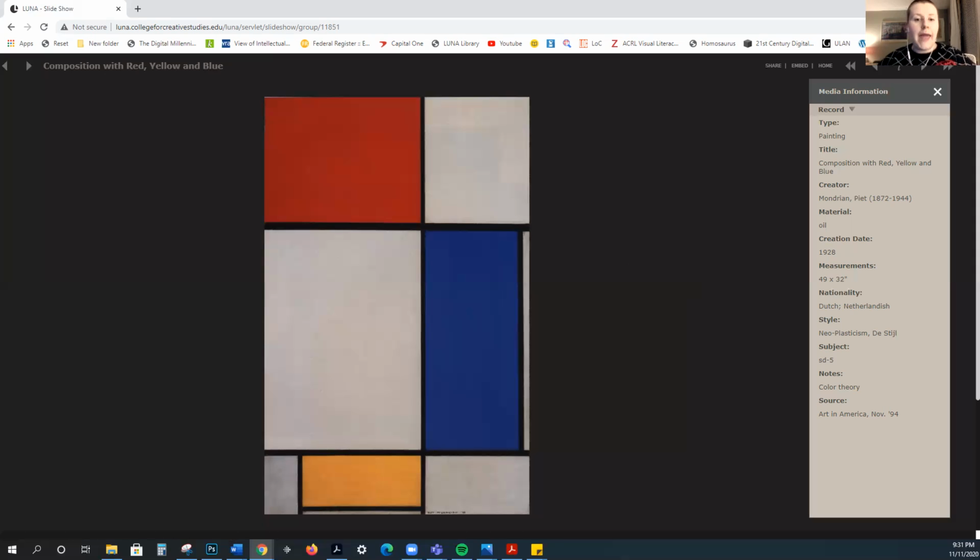And so it aims to find laws of equilibrium and harmony that are applicable to life and society, not just art. And they see that this abstraction is particularly clear. There's no figurative aspects to confuse anyone.